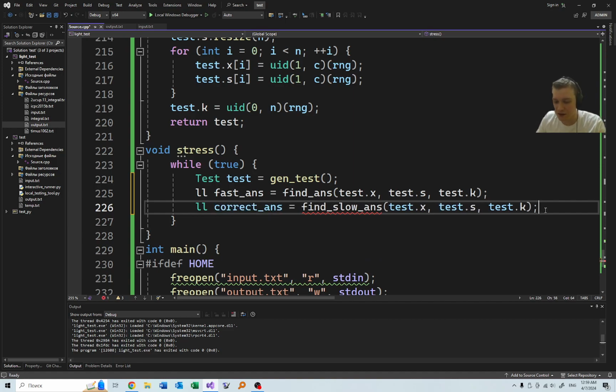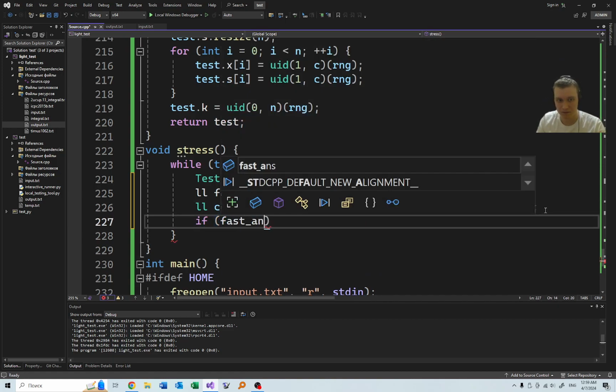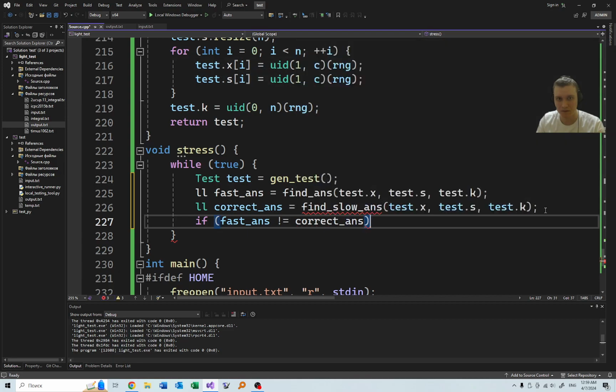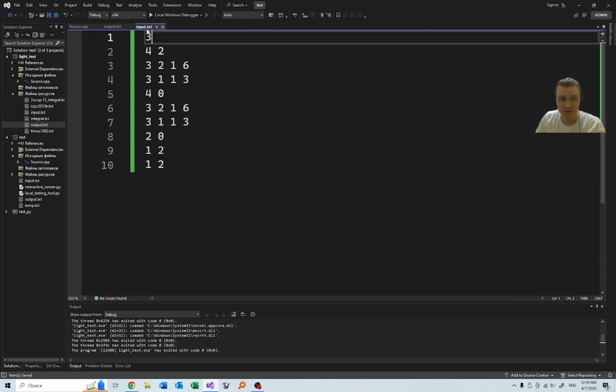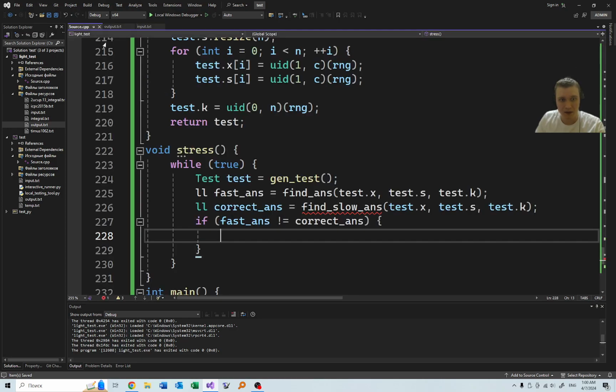And if they are different, then we print in this form the test.